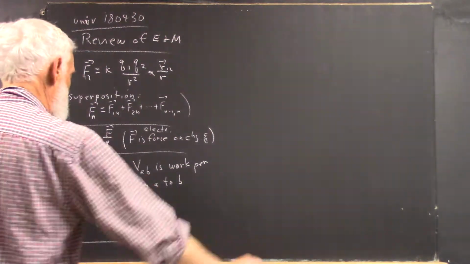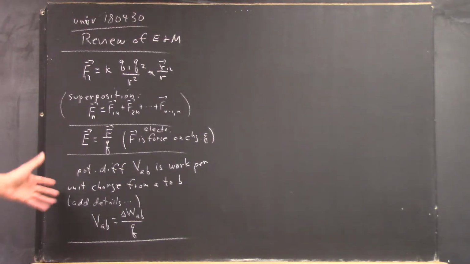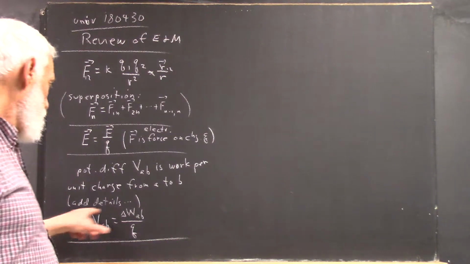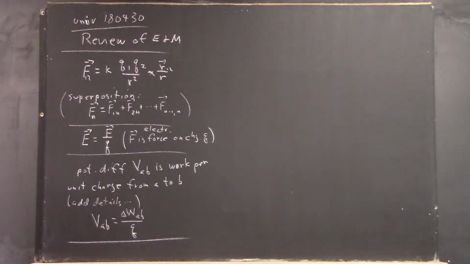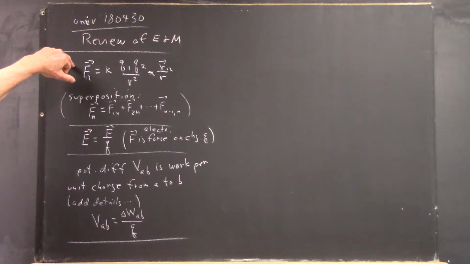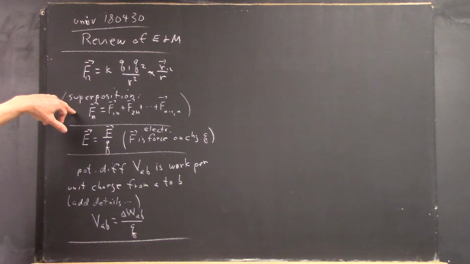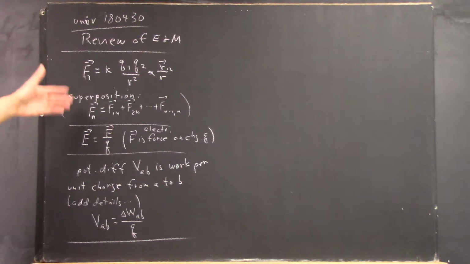So we can write it like this. In the application, of course, you have to be careful about those details that I'm not mentioning right now. So we've got force on a collection of charges, and you can then write this as an integral.